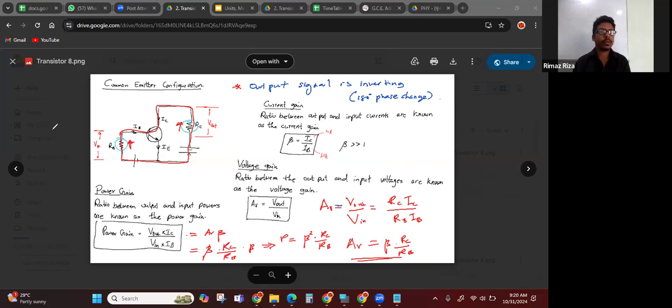But for the common emitter configuration, we can use it for signal amplifiers. For example, if you want to amplify the sound, or increase the intensity of the light bulb, you can use this as an amplifier. You can amplify the signal.